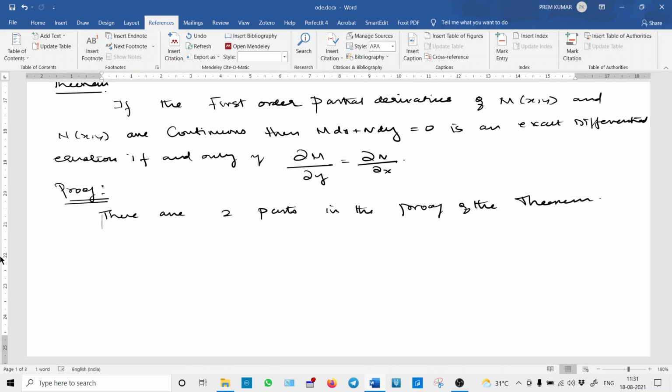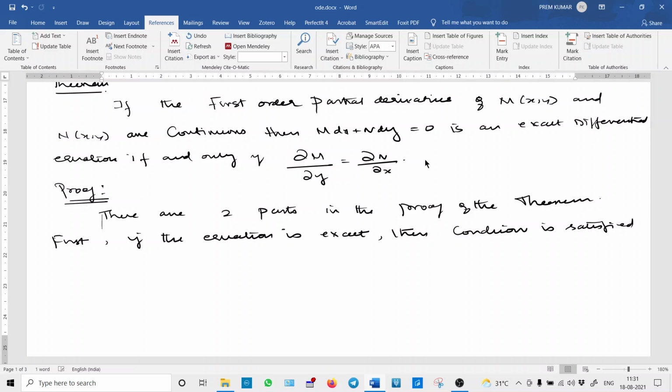The first is, if the equation is exact, then the condition is satisfied. This is the condition.